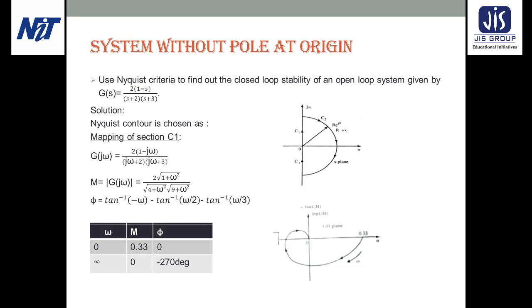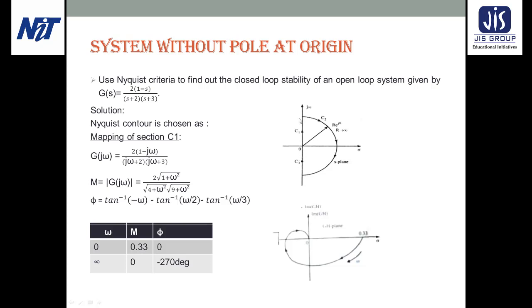Now the system has no pole at origin. So we will select the Nyquist contour like this one, the 3-section Nyquist contour, where in the C1 section, omega is varying from 0 to infinity, and C2 is a semicircular arc with infinite radius, and in the C3 section, omega is varying from minus infinity to 0.